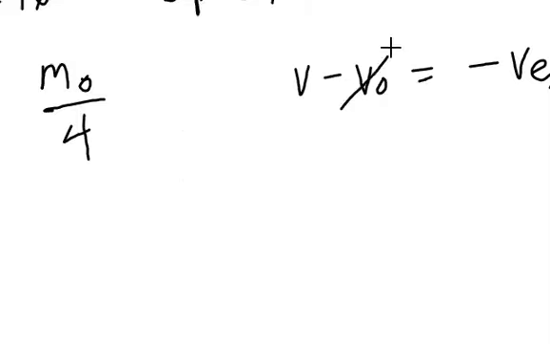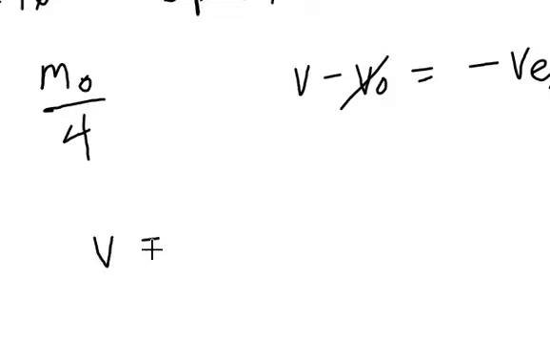And if the rocket starts from rest in our coordinates, we find its speed at the end of the time. To do this, we're going to use equation 8.4, which says v minus v naught equals negative v exhaust times ln of m over M0. We know that v naught is 0, right? Starts from rest.